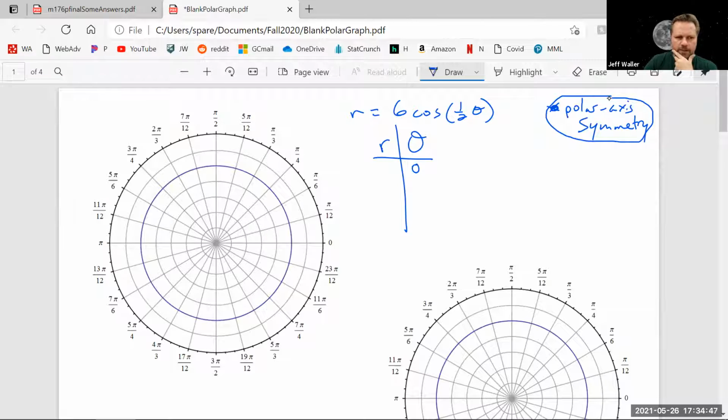If I put an angle of 0 in, what do I get out? Anybody? If I put a 0 in, what do I get out? What's cosine of 0?